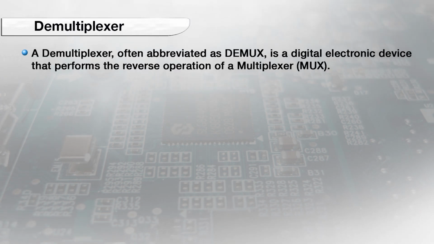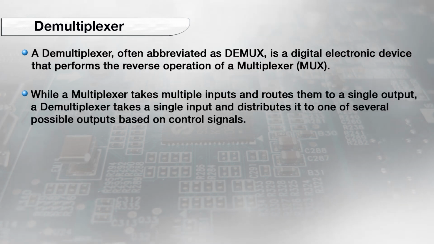So, a demultiplexer, often abbreviated as demux, is a digital electronic device that performs the reverse operation of a multiplexer. While a multiplexer takes multiple inputs and routes them to a single output, a demultiplexer takes a single input and distributes it into several possible combinations of the output based on the control signals.